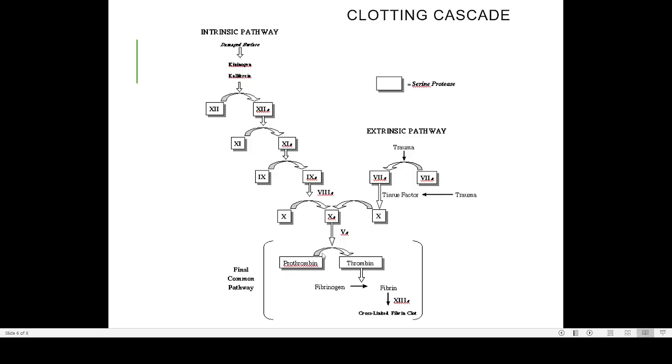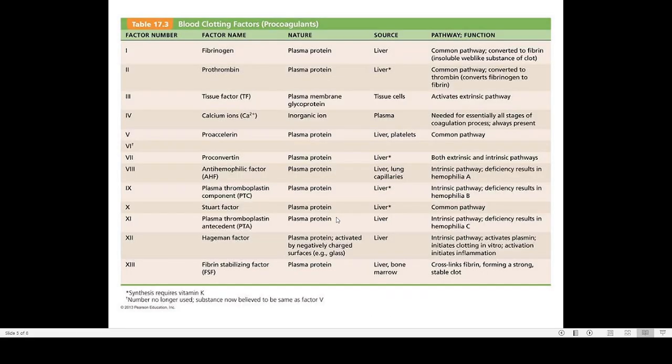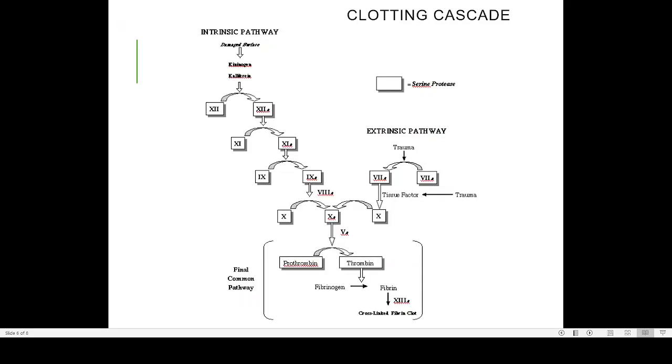For converting prothrombin into thrombin, the Stuart factor as well as another factor known as proaccelerin, factor 5, are needed. Only by their combined role will prothrombin be converted into thrombin.